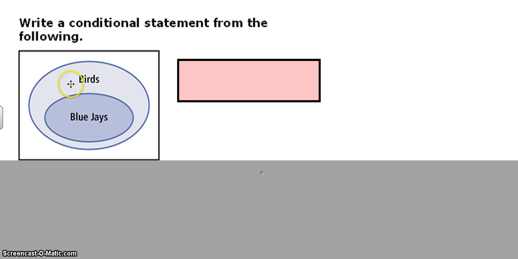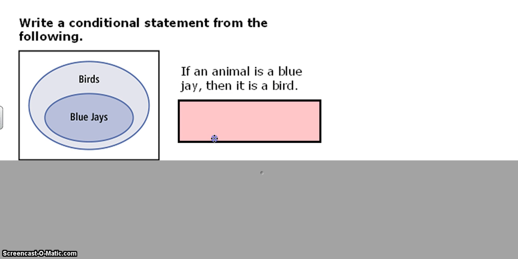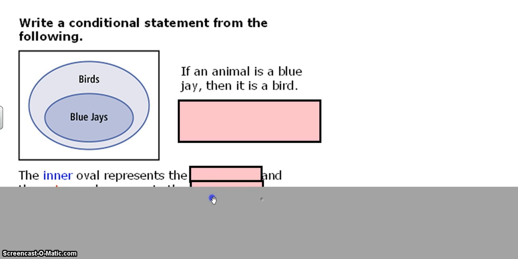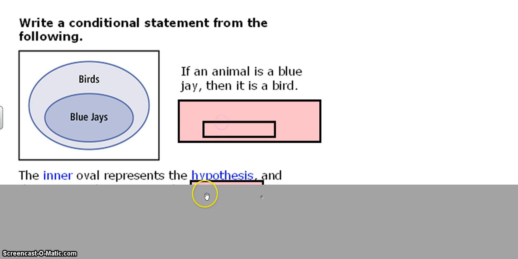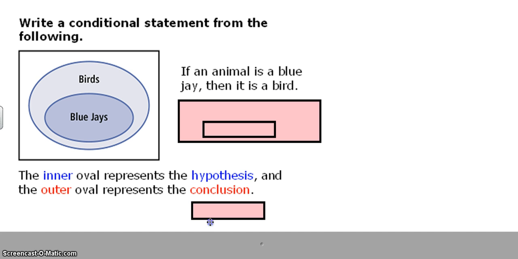After walking through both scenarios, you could probably see that if it is a blue jay, then it is a bird. So the inner oval ends up being the hypothesis, right? And the outer oval would be the conclusion. And once again, if you forget that, you can try it both ways, and you'll probably be able to deduce it.